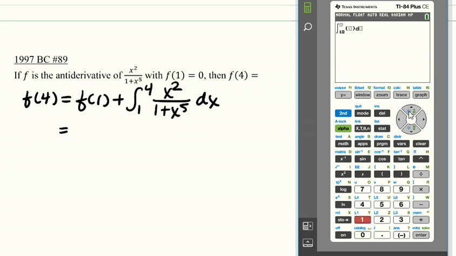from 1 up to 4. Okay, I'll use the fraction bar just to be safe, right? X squared divided by 1 plus x to the 5 dx.